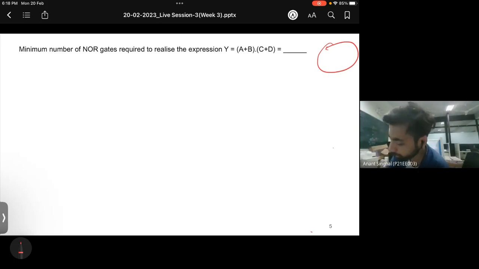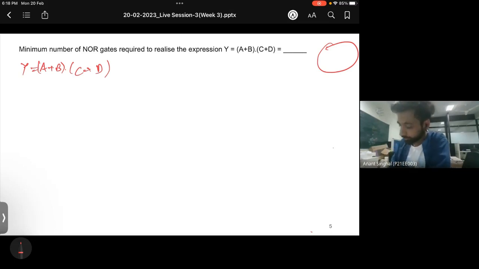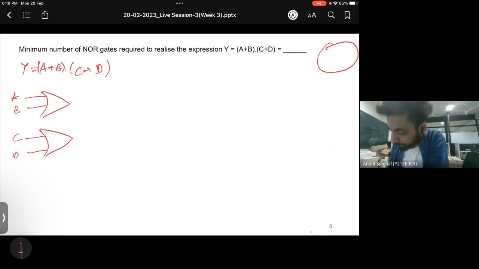So now, if I try to make the given expression, it is nothing but A plus B into C plus D. So it is nothing but A plus B, C plus D, and it is getting ANDed.